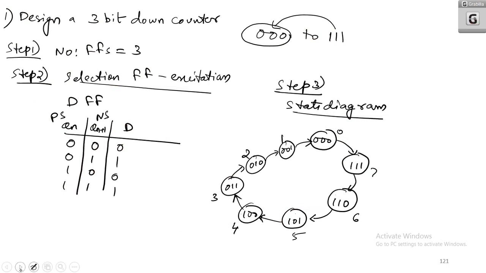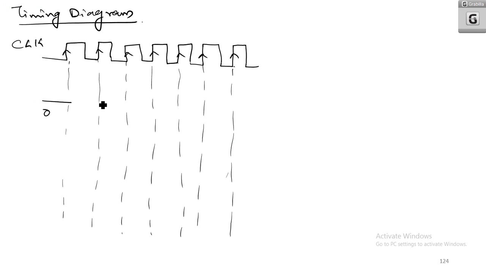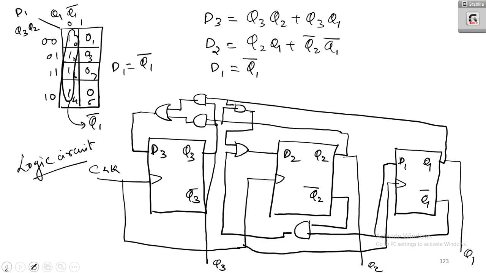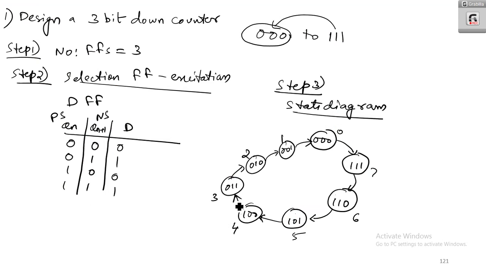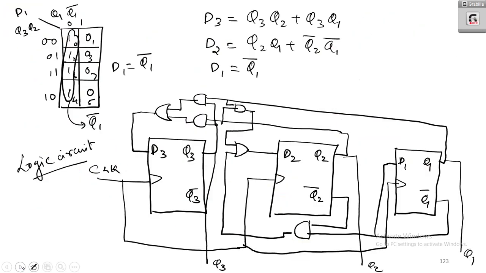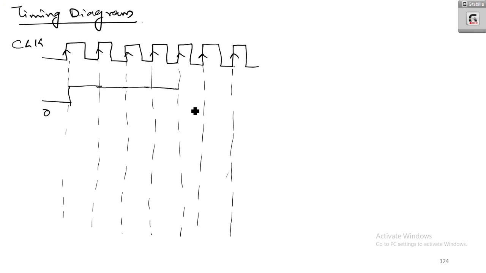For the 4 clocks, it will remain as 1, 1, 1, 1. Then comes 0, 0, 0. It goes like this. Okay, that is Q3.